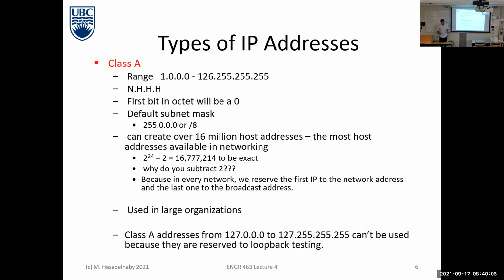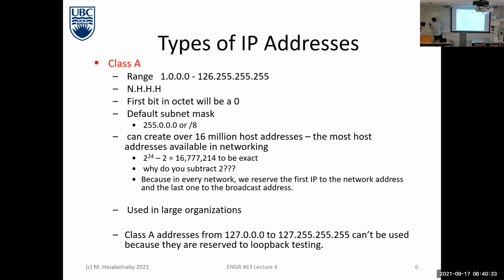Actually, we divide the IP addresses into class A, B, C, D, E. If I want to ask you, what is the first IP address? Yes, we have 32 bits.